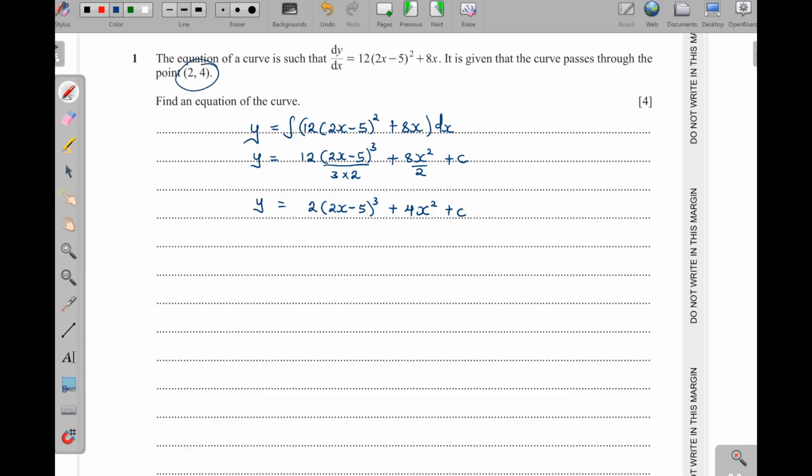And then for us to get this value of c, we use a point through which the curve passes, and we have this (2, 4). So using this point, y is a 4, and x is a 2. Wherever there is x, I'm going to put a 2, so 4 equals 2 times (4 minus 5) cubed, plus 4 times 2 squared, plus c. This one here is 4 minus 5, that is a negative 1, and the power of 3 of a negative 1 is a negative, so this will be negative 1, and then times 2, that will be negative 2.